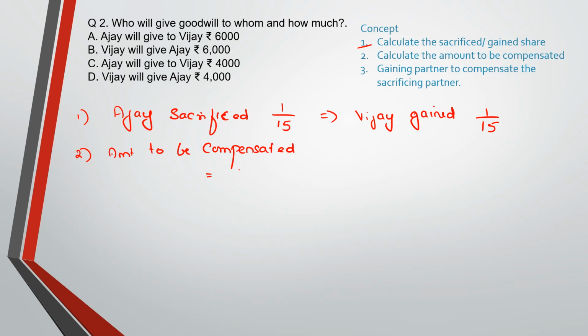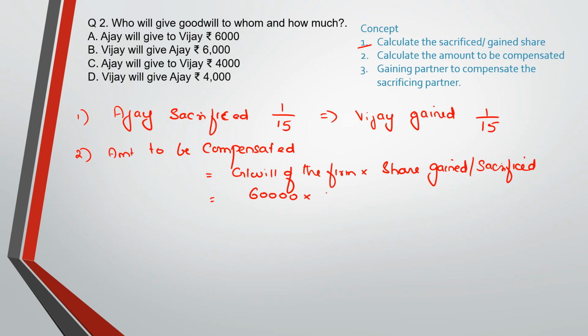Therefore, the amount to be compensated would be goodwill of the firm into the share gained or sacrificed. This is the formula. So 60,000 is the goodwill of the firm into 1/15. So rupees 4,000 will have to be compensated.